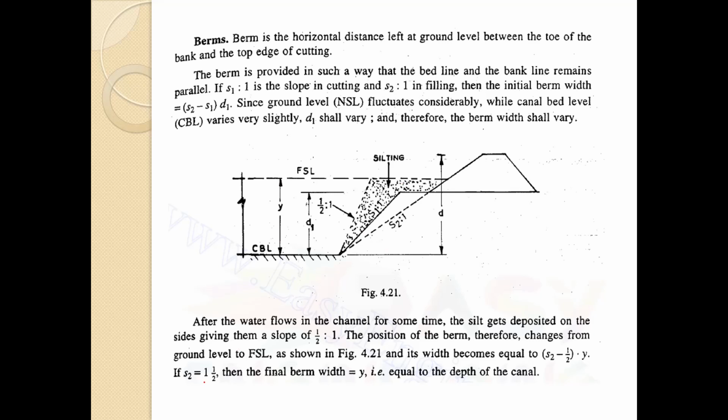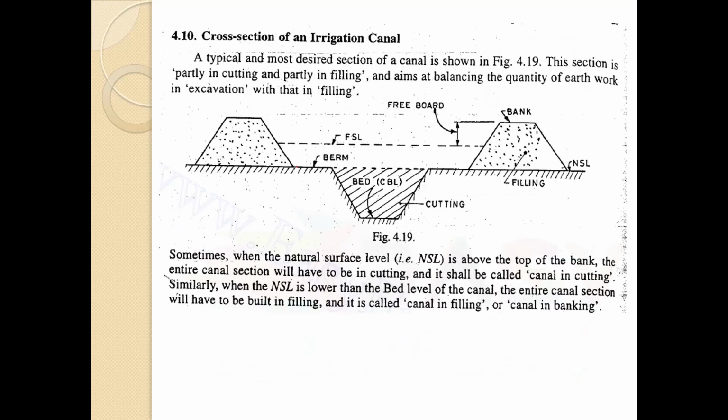If S2 is 1.5, that is the slope, then the final berm width equals y, that is equal to the depth of the canal. So here you can see these berms are there. FSL, that is full supply level, is the meaning of this FSL, and this is the NSL.